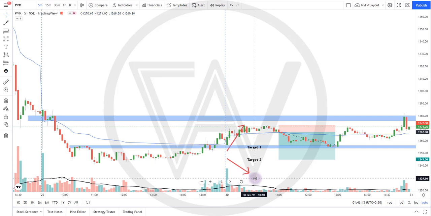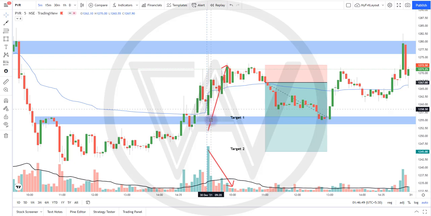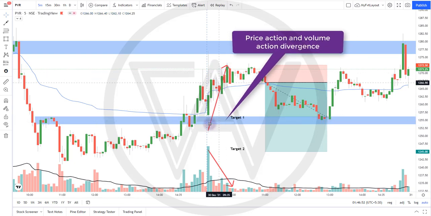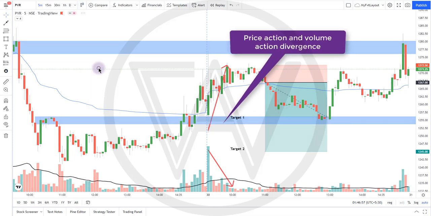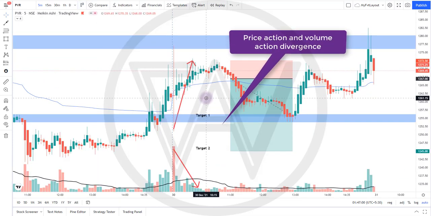So today we went for the bearish trade, and the reason behind it was that, if you see here, price is increasing while volume is decreasing. To understand this scenario, let's convert it to Heikin-Ashi.